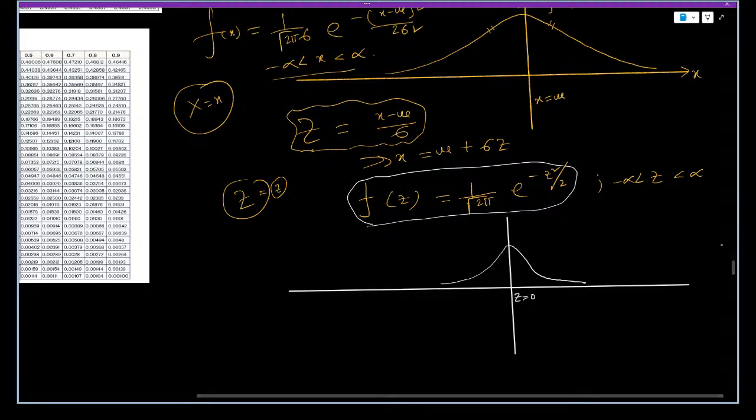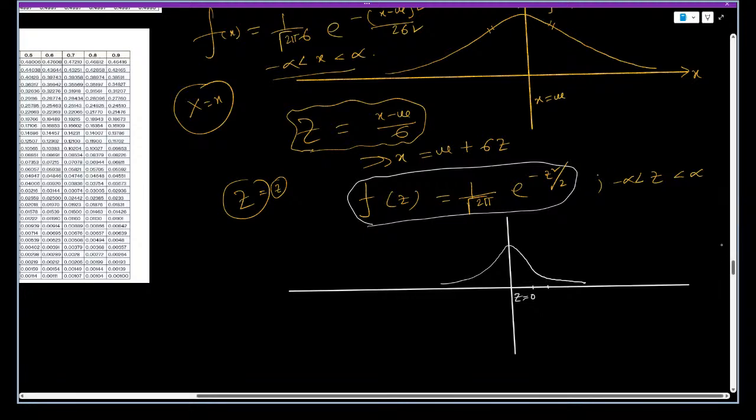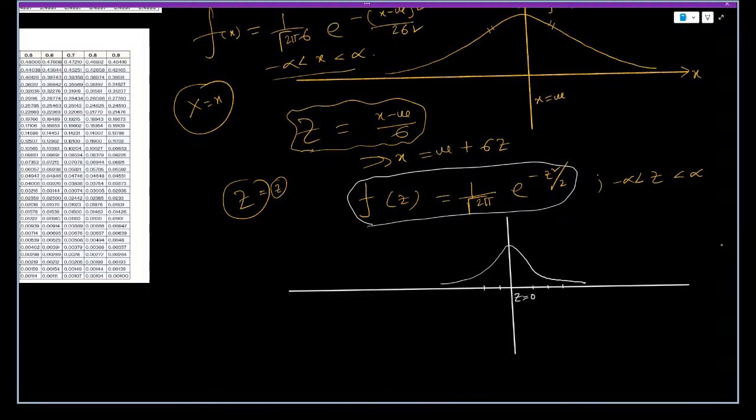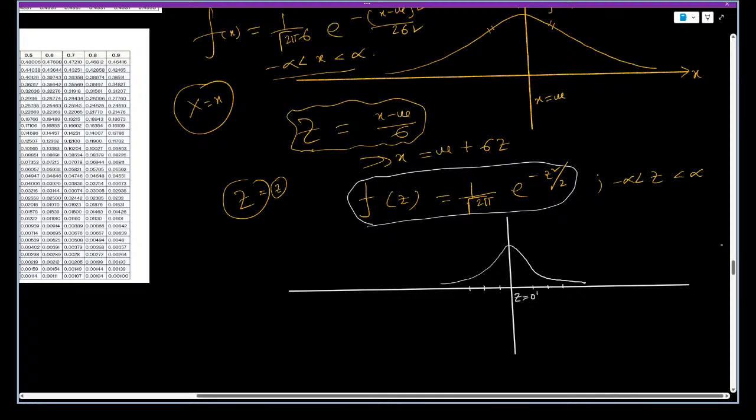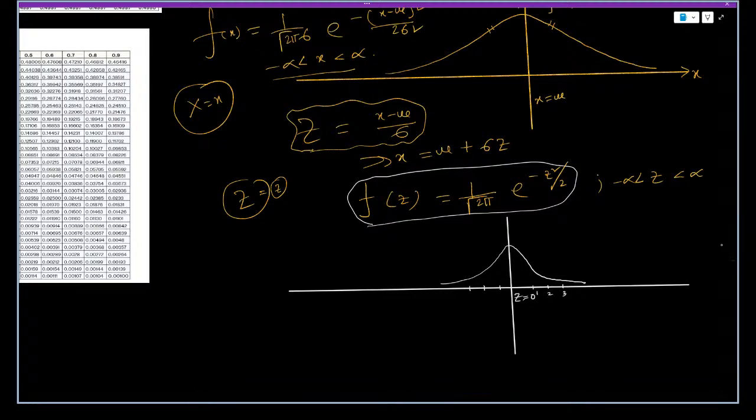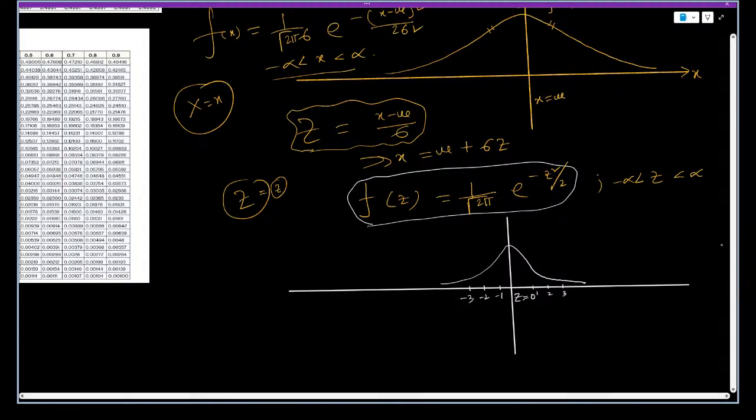These are the points. z is equal to 1, 2, 3 like this, and here minus 1, minus 2, minus 3 like that. Okay, this is 1, 2, 3. This part is minus 1, minus 2, minus 3. It's like this. And z is between minus infinity to infinity. It can take any value between them.